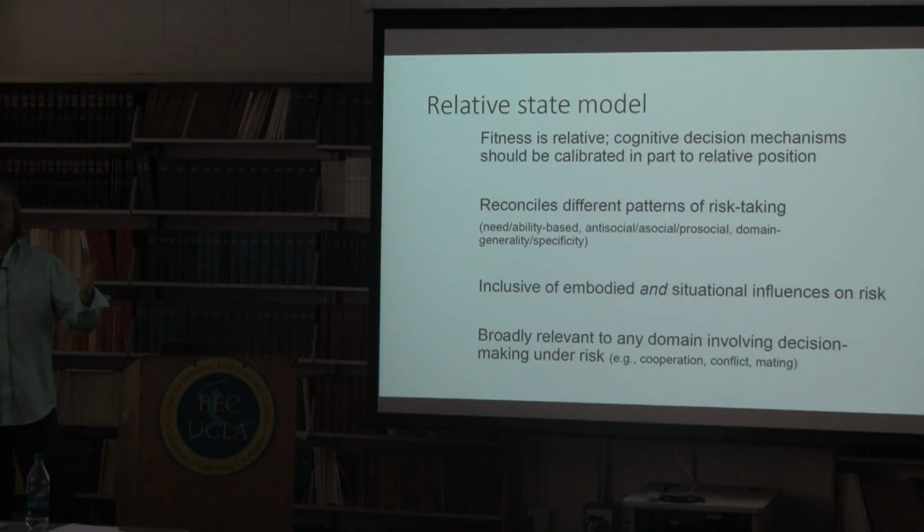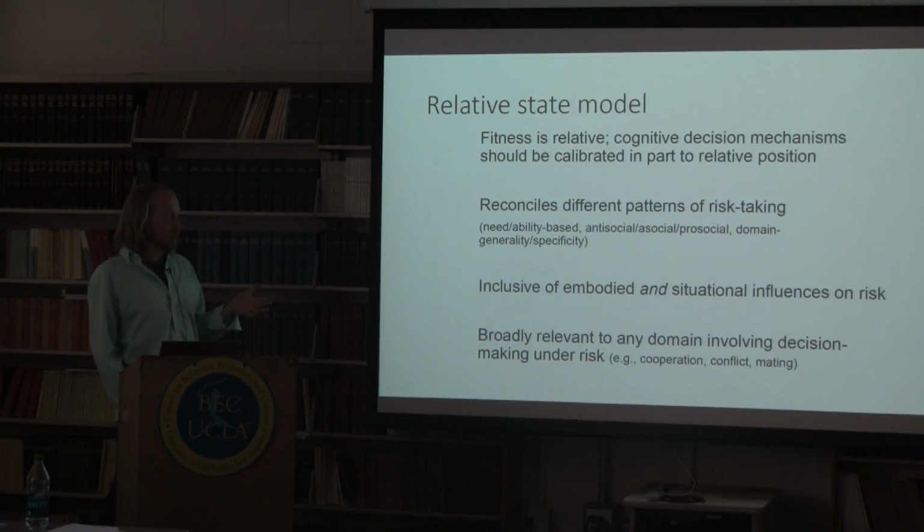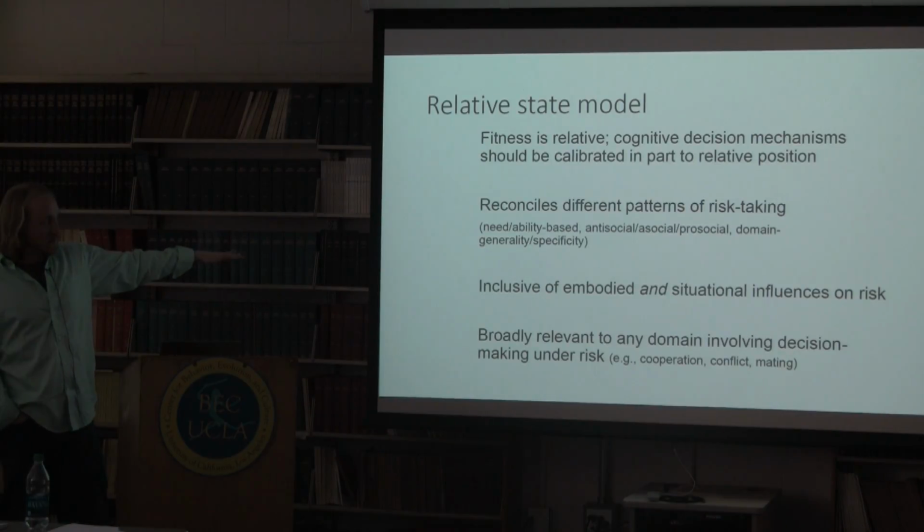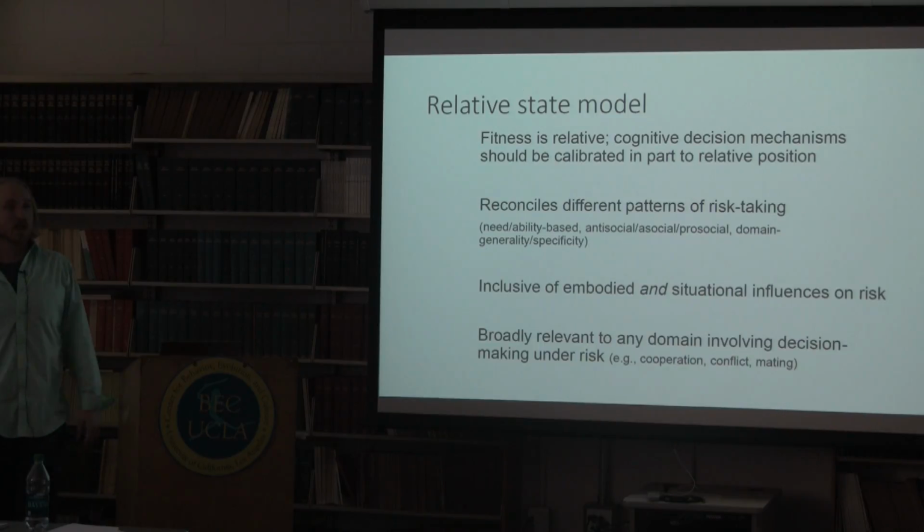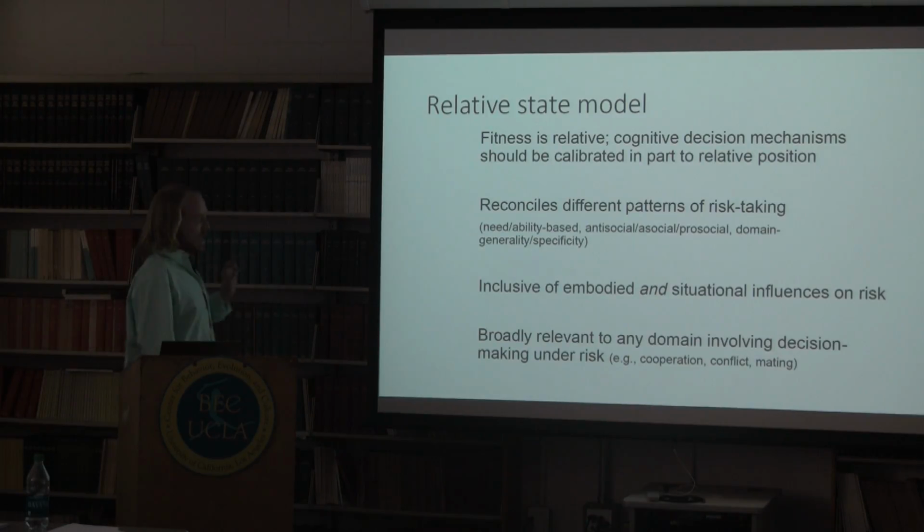But also, this can neatly account for the antisocial, non-antisocial stuff, and thinking about a need-based pathway and an ability-based pathway. We've got the embodied and situational considerations, and this is just very broadly relevant to lots of social phenomena, cooperation, conflict, and mating, because almost any decision involves outcome variance, and so this way of thinking about it, we think, is going to be helpful.